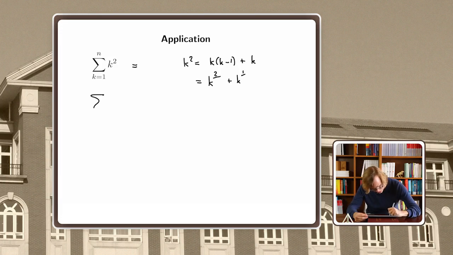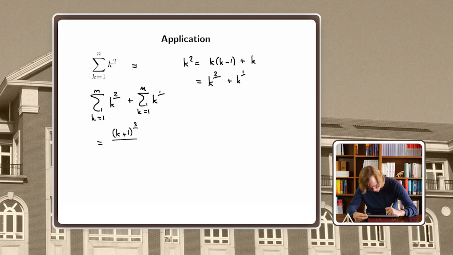So we see we can actually pull out the sum into 2 sums. And now from what we have learned, this is k plus 1 to the falling 3 divided by 3. And here this is k plus 1 to the falling 2 divided by 2. So now, of course, you can put that together and you get a nice formula for it.